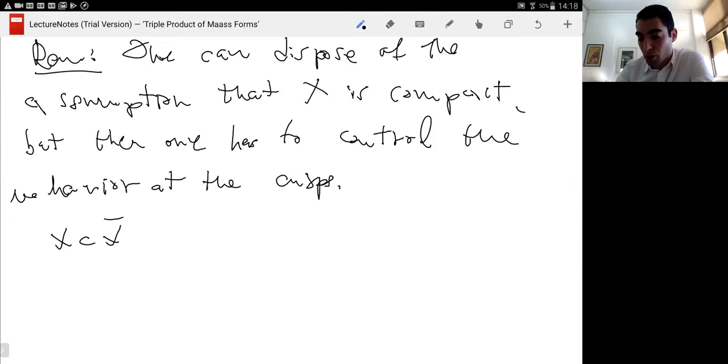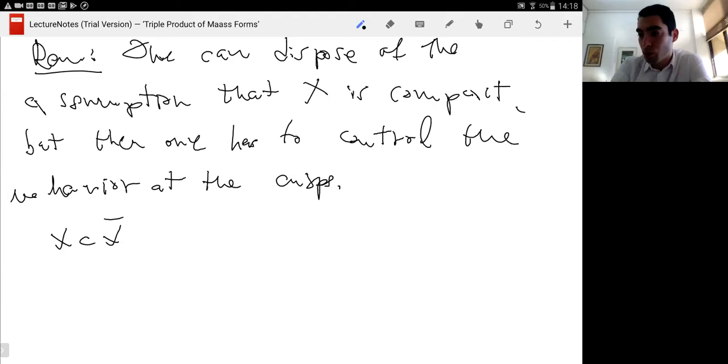Well, suppose X is open dense in X bar, which is compact, and the complement is a finite set of points. We are interested in functions on X, but one can ask, do we have poles, so to speak?